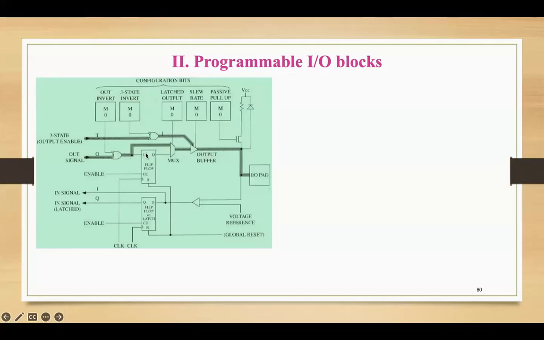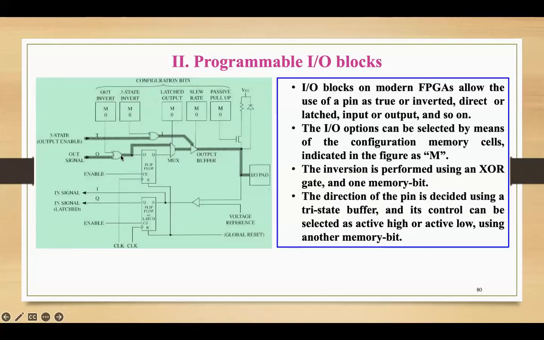Whatever data is there, if we want to save it, I put it into a D flip-flop, and the outputs are given to the mux. And this becomes my selection. Either I can take the input from the D flip-flop, or it can come from the XOR gate.